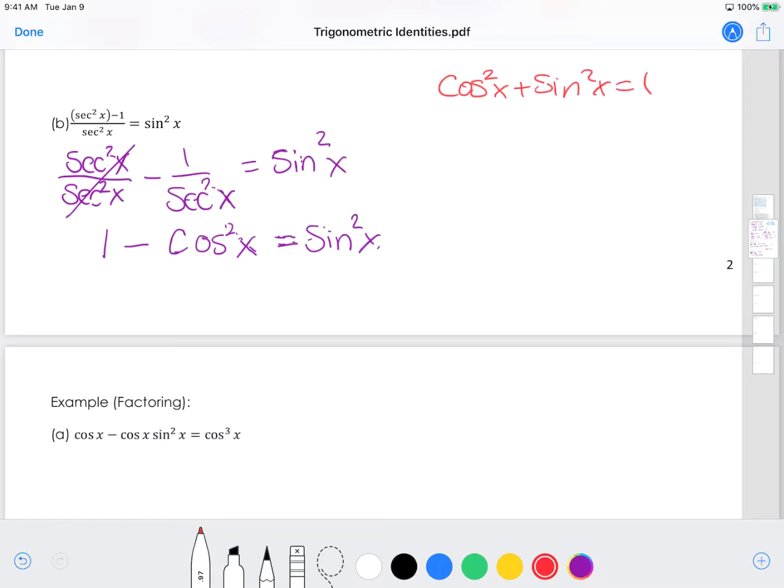And if we rearrange that, we get that 1 minus cosine squared x is equal to sine squared x if I just subtract cosine squared x from both sides. So 1 minus cosine squared x is equal to sine squared x, so I can replace 1 minus cosine squared x with sine squared x.